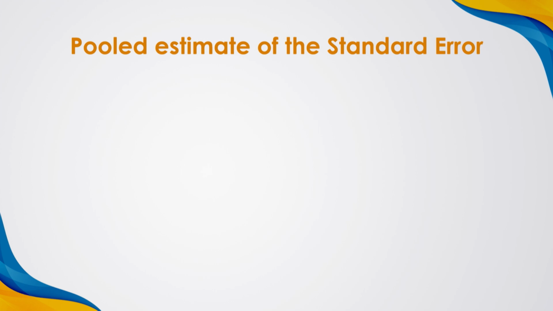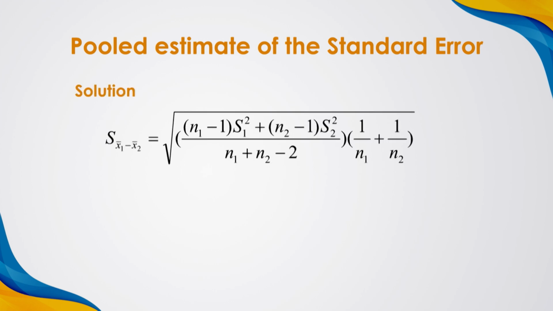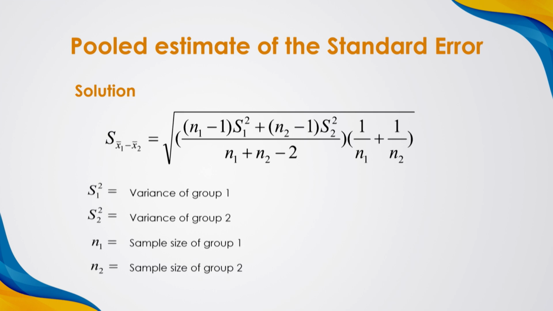Now, coming to the pooled estimated standard error, the solution goes like this. This is the formula for the pooled standard error, which can be calculated, in which S1 square and S2 square are the variances of groups 1 and 2, and N1 and N2 are the sample sizes of groups 1 and 2.